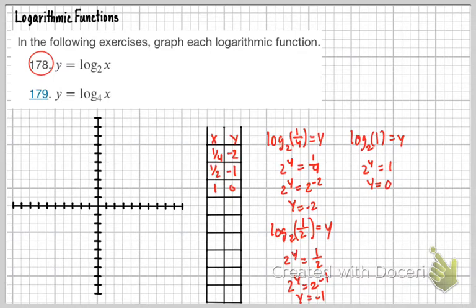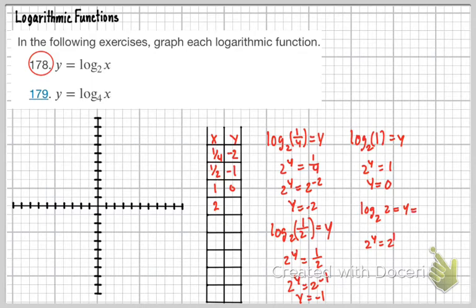All right, so now I'm going to try 2. So that's log base 2 of 2 equals y. So this is going to be 2 to the y equals 2, and that means my y is going to have to be 1 there, because my exponent here is 1.